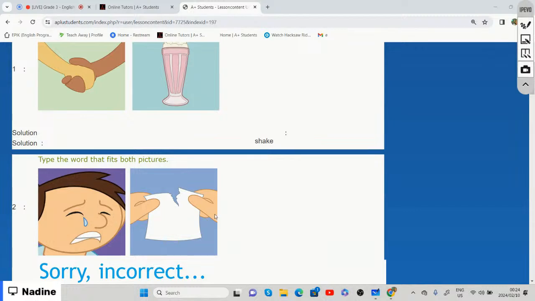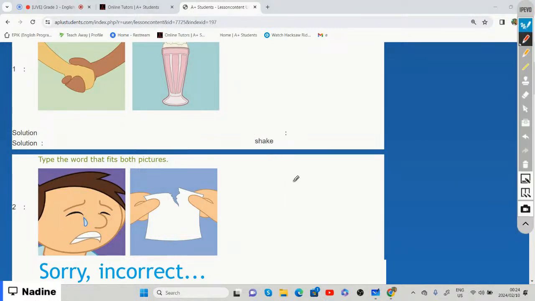But now if you look at the next page, right? So yeah, this person is trying to tear up the page, right? Which means that if we look at the word, both of these words are spelled the same, which is T-E-A-R. We call that tear, right?